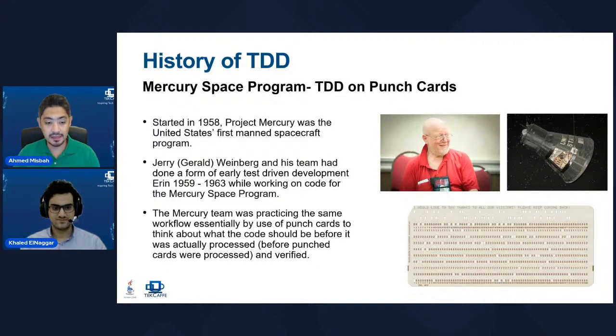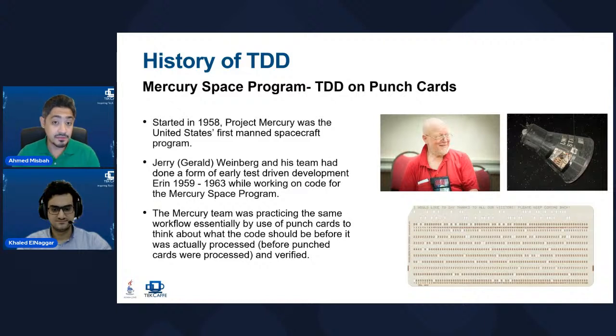So the team that was writing software for the space program, they basically wrote the expected results on punch cards, and then they would compare the actual results with the expected results to see if things were going as expected or not.